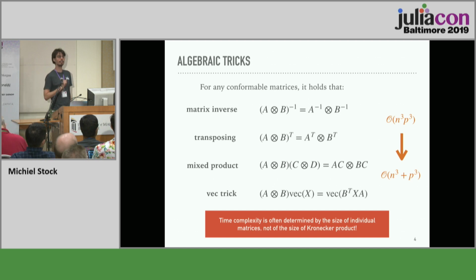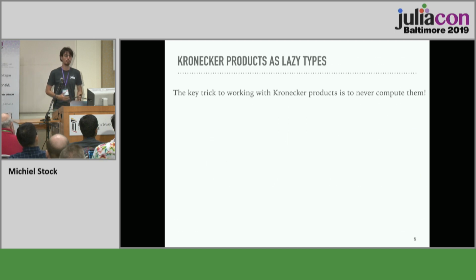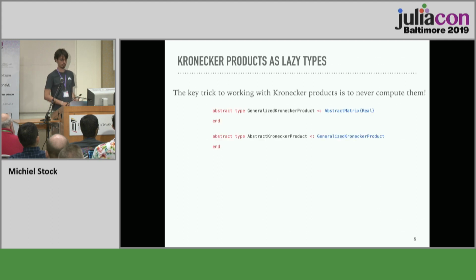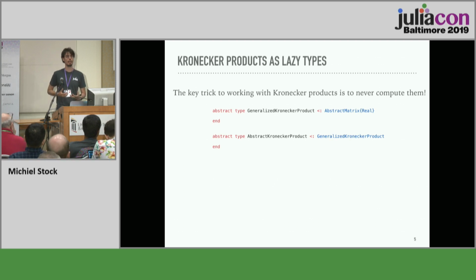So really the trick is if you use everything on the right hand side, you can do all these operations much more efficiently. And my package is just a way of working with that. So I defined a new abstract type, generalized Kronecker products, which is a subtype of the abstract matrices.